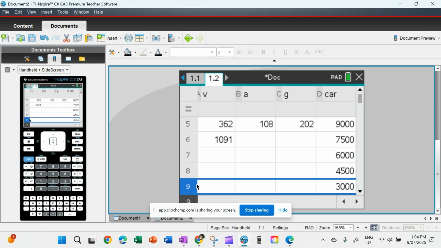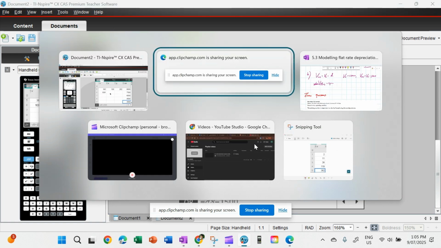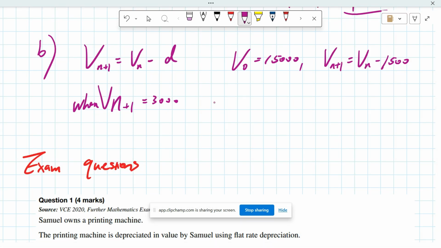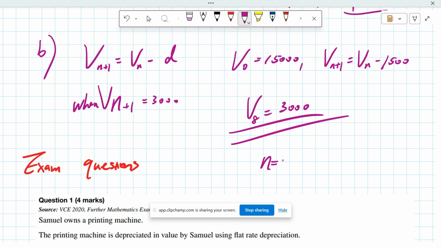Basically it's on V8, which I would say is 7 years after. Because it's V8, V8 equals 3,000. So all that means is 7 years, and n equals 7.